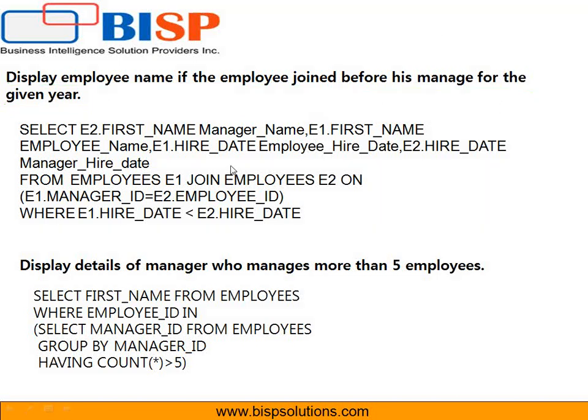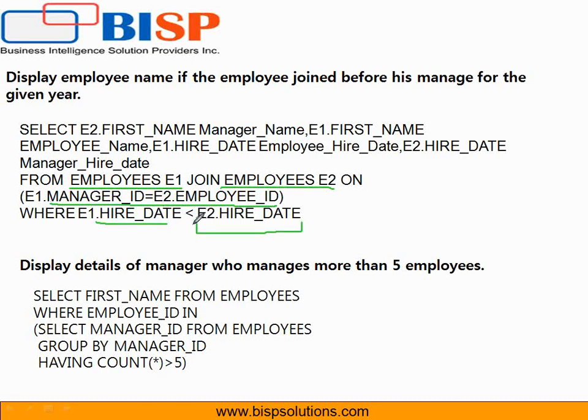One way, we can write a custom defined SQL query, right? So I've given a SQL query over here. It's fairly simple. You see the employee table has two instances, E1 and E2. I could have given a meaningful name like employee and manager, and they join on manager ID and employee ID, right? Where the manager was hired before the employee.